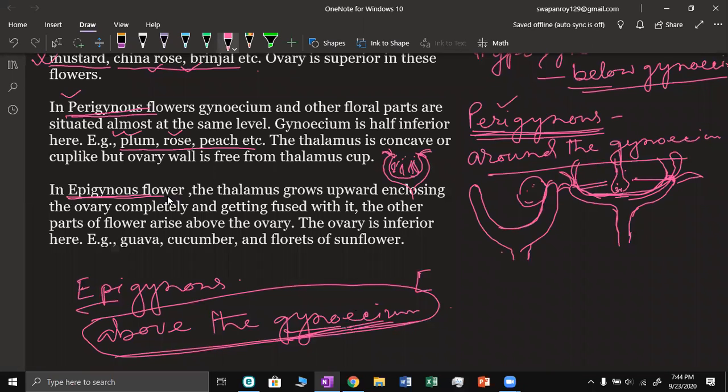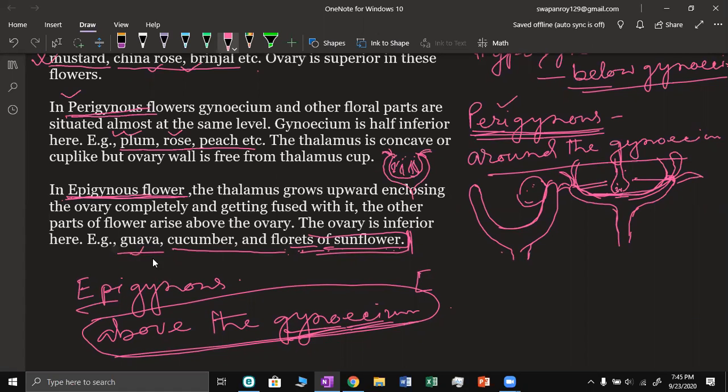Epigynous flowers we find in the case of guava, cucumber, and sunflower. The sunflower is an inflorescence, so those flowers are small, so we call them florets. In sunflower, those florets are all epigynous flowers.